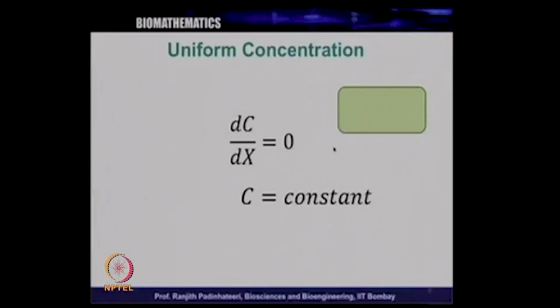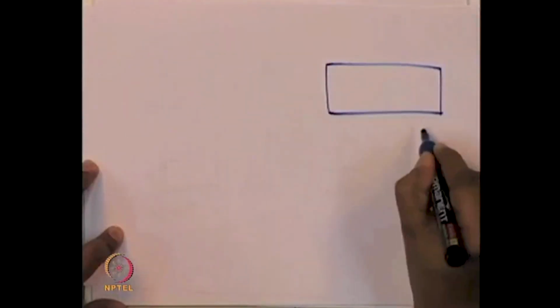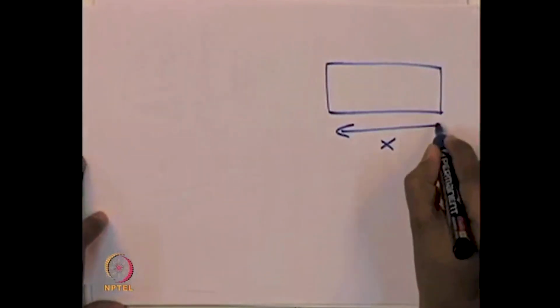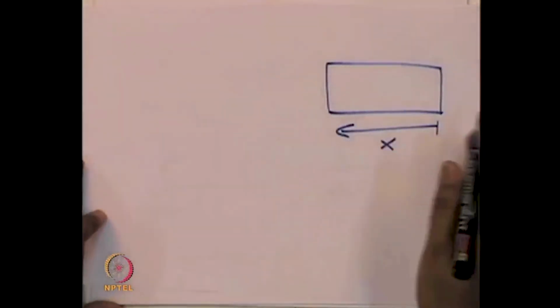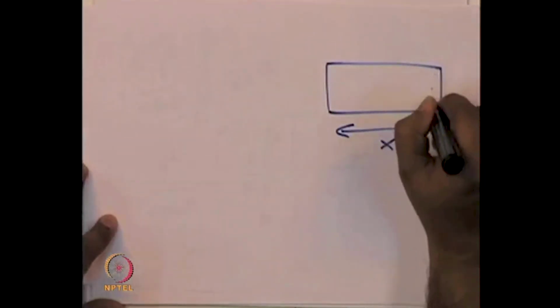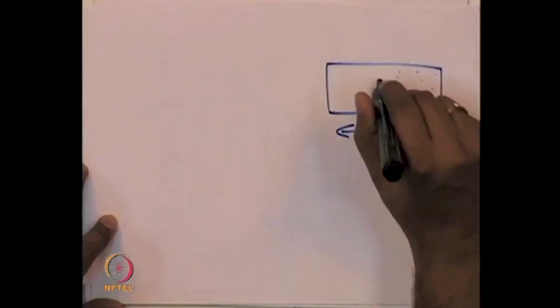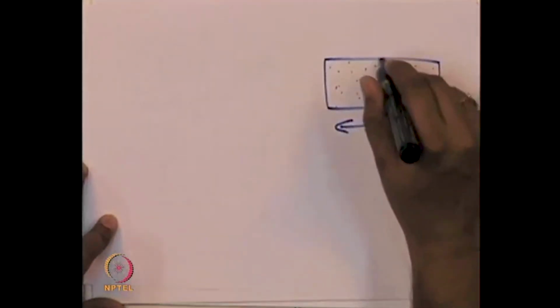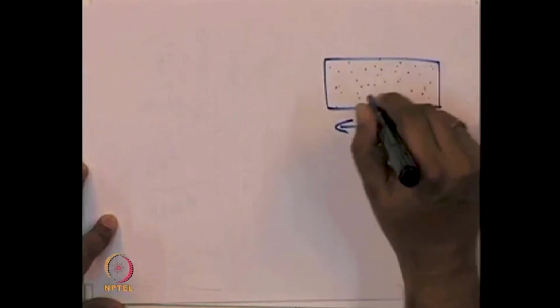Let me draw here. Have a look at this drawing. Let me call this x the distance for convenience. Starting from here, x goes in this particular way. All over here the concentration is pretty much the same, let us say uniform concentration everywhere.